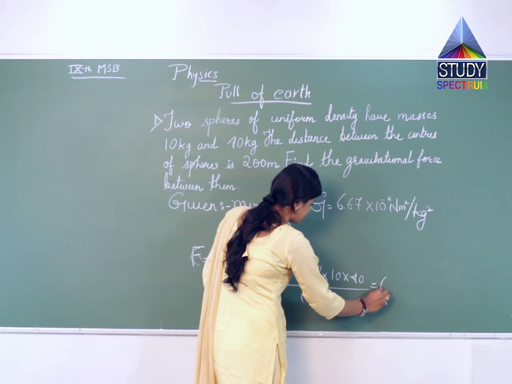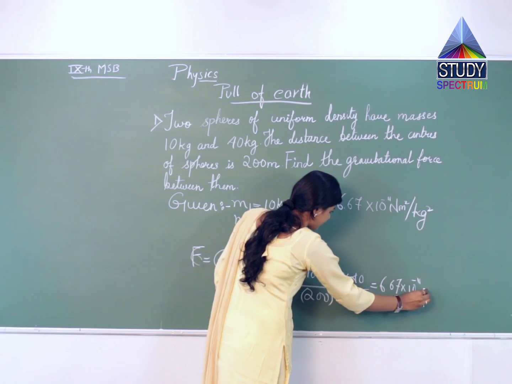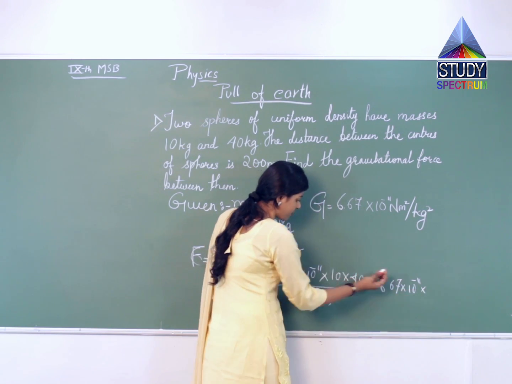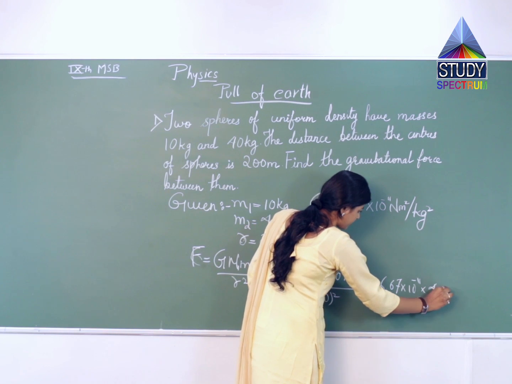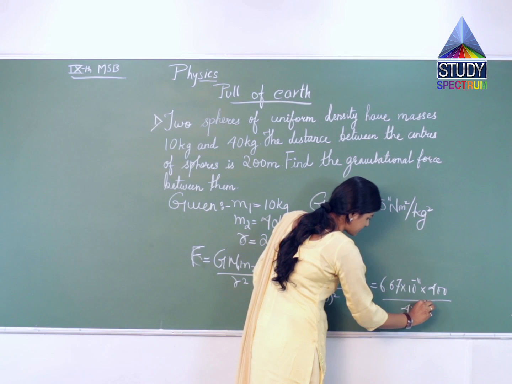It will be 6.67 into 10 raised to minus 11 into 400 divided by 4 into 10 raised to minus 4.